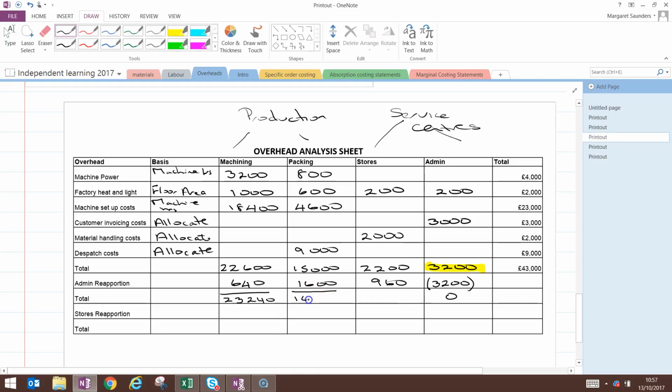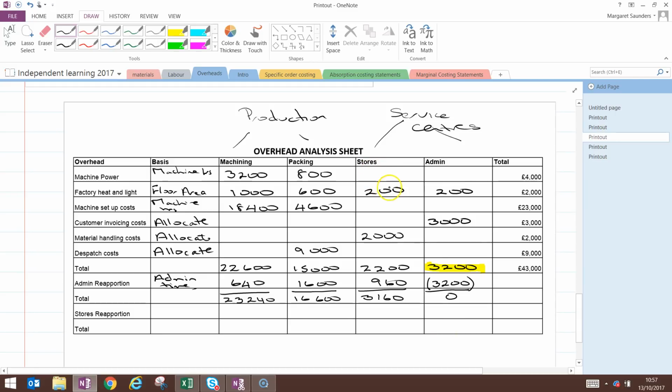This is 16,600. This is 3,160. And our admin, we know, is down to 0. Need to make sure we put the basis in. So this was on admin time. So that's admin dealt with.